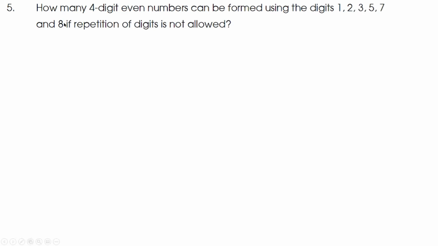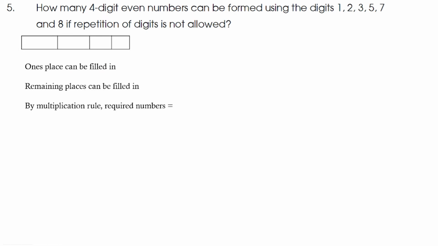Next question, how many 4-digit even numbers can be formed using the digits 1, 2, 3, 5, 7 and 8 if repetition of digits is not allowed? So here we have to find the number of 4-digit even numbers that can be formed using these digits, and the repetition of digits is not allowed.